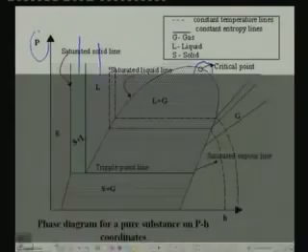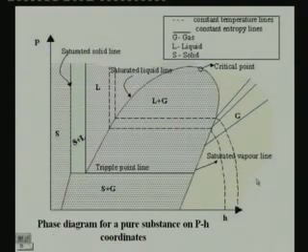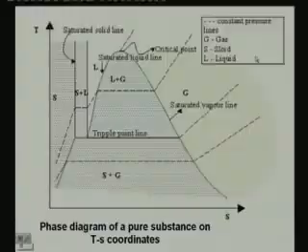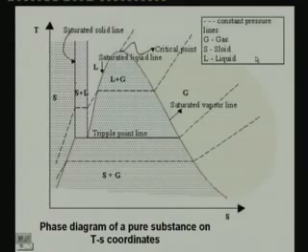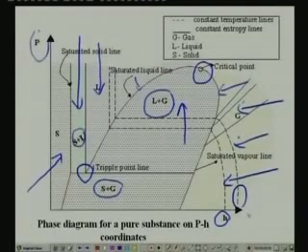Now let us look at a typical T-s diagram, a phase diagram on T-s coordinates. So again, this diagram shows a phase diagram on T-s coordinates. You have the entropy on the x-axis and temperature on the y-axis.